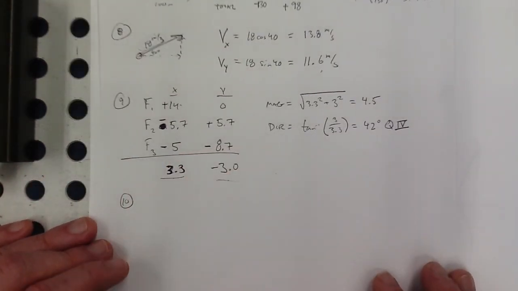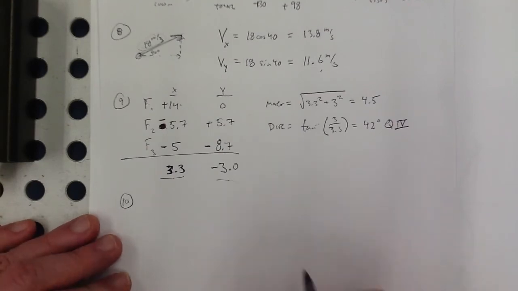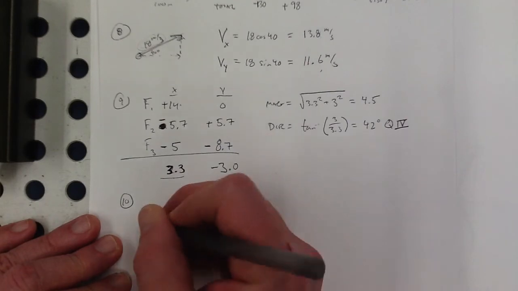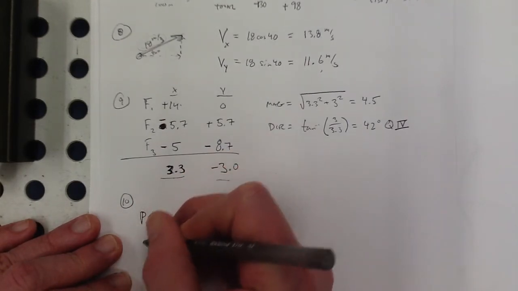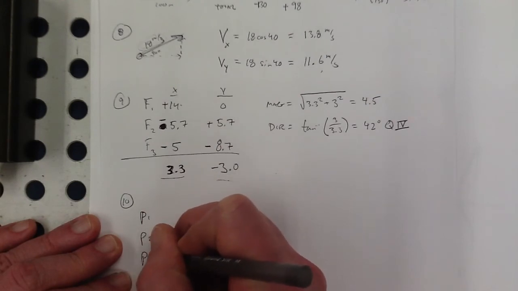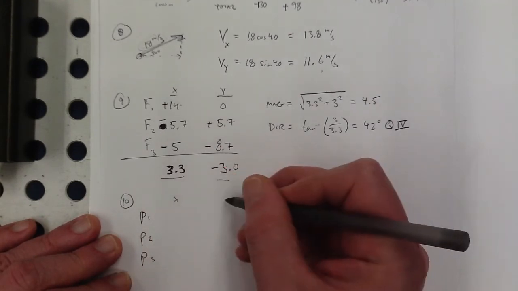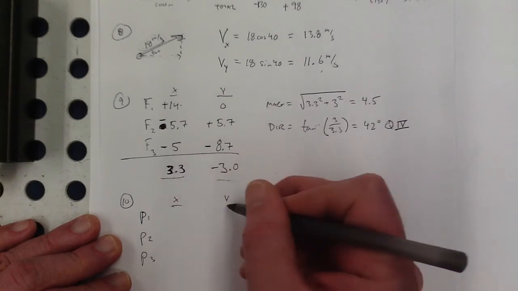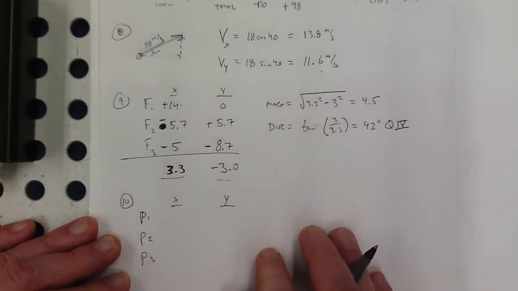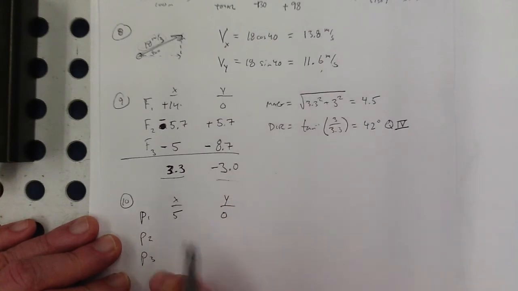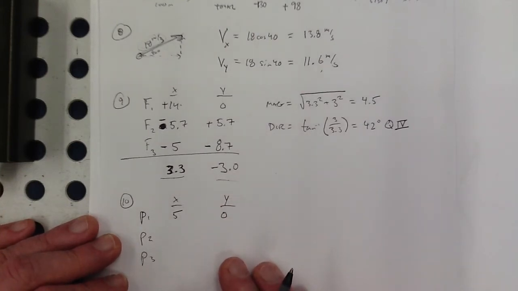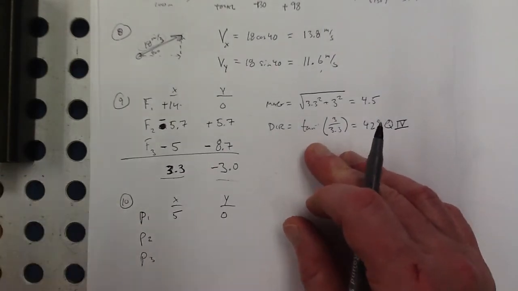All right, last one. A golfer putting on a green puts the ball 5 meters due east on the first putt. There are 3 putts, so let's call them P1, P2, and P3. If you're putting due east, there's no angle there, so that's all east, which is the X direction. And then the second putt is 2.1 at an angle of 25 degrees.